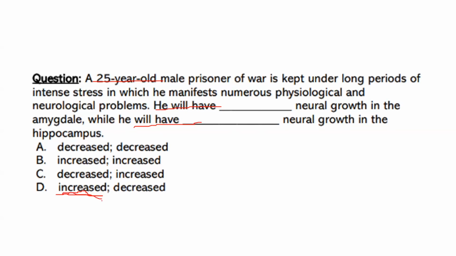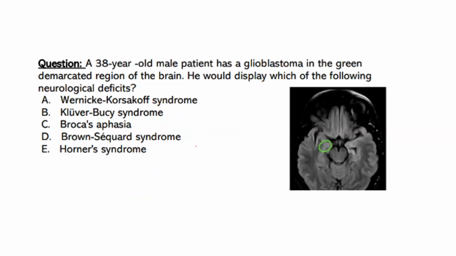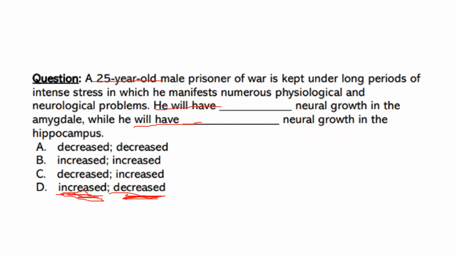This is going to cause more fear responses, and that's basically how you're going to get PTSD. Comparatively, he's going to have decreased neural growth in the hippocampus, so he's going to struggle with learning new things. And so the answer in this case is D.